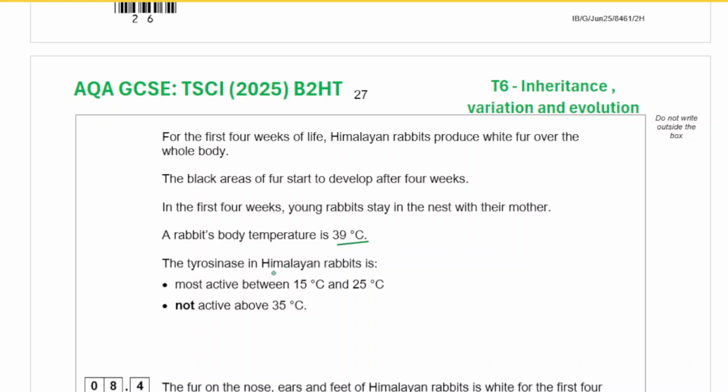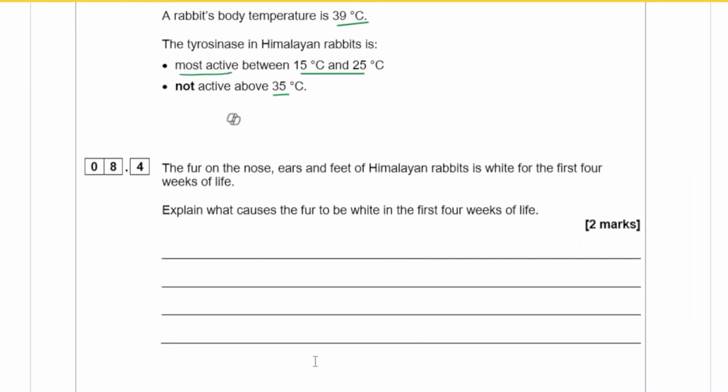The tyrosinase in Himalayan rabbits is more active between 15 and 25 degrees, not active above 35 degrees. So the fur on the nose, ears and feet of Himalayan rabbits is white for the first 4 weeks of life. Explain what causes the fur to be white in the first 4 weeks of life.